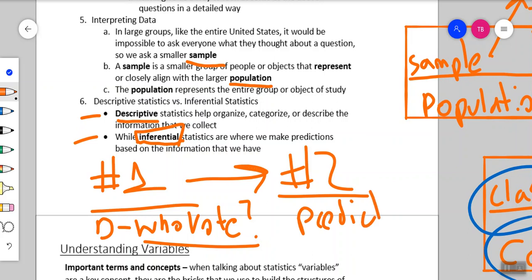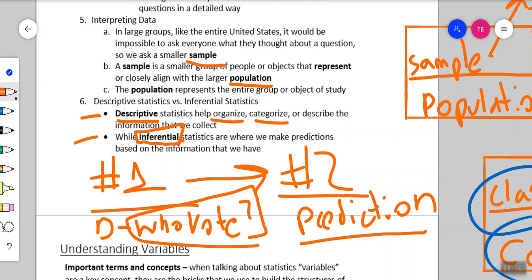We'd be maybe using all that data and all the information we found to predict who was going to win the election. So descriptive is simply describing a population, describing a sample, putting information together, organizing it, categorizing it, and even in the word describing it. Where inferential, the second one, is predictive. So we're taking all the information we have about a topic and we're going to make a prediction on, in the election example, on who is going to win the election. Okay.